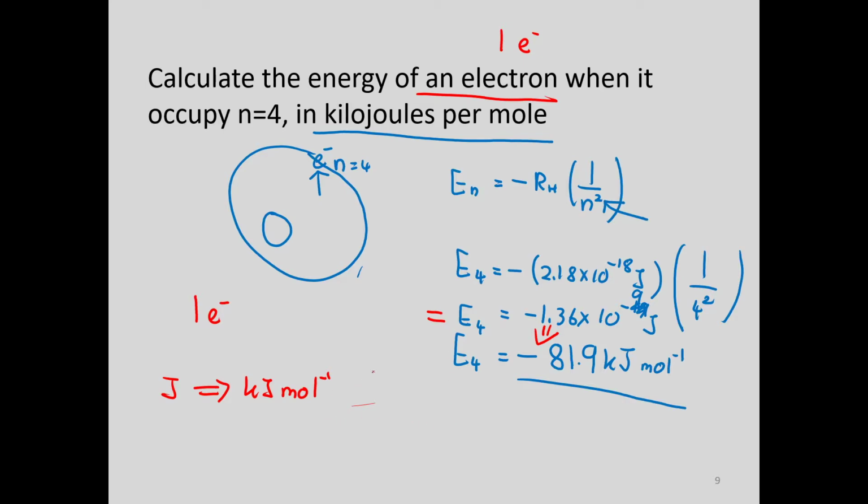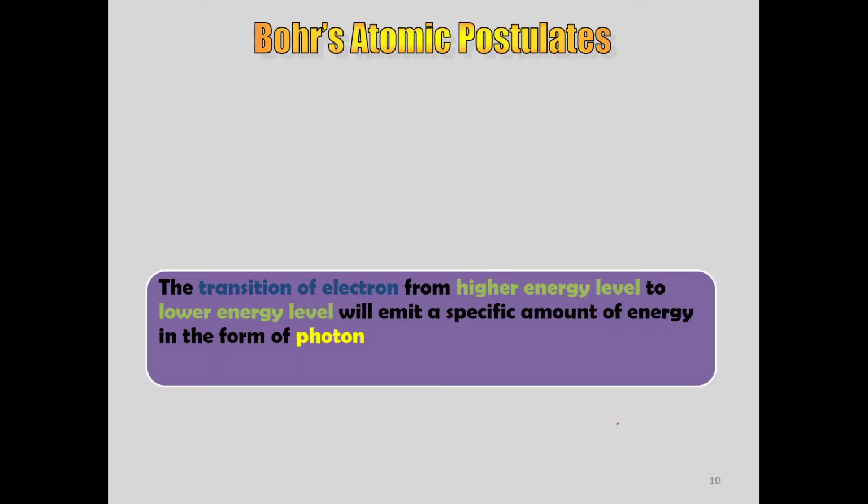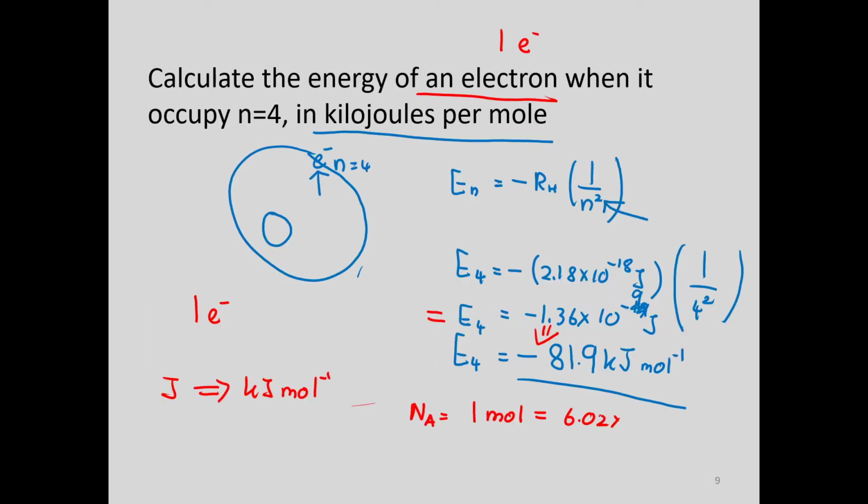So hari tu kita ingat kan, untuk Avogadro's constant, satu mole kita ada 6.02 times 10 to the power of 23 particles. Okay, so in this case is electron lah.